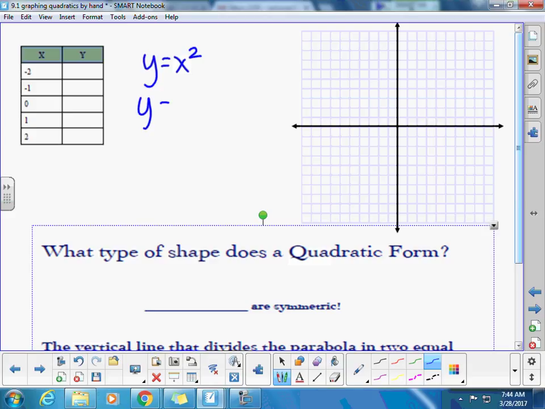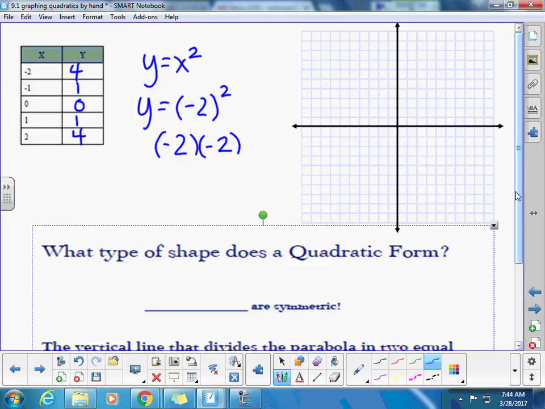So if you're going to plug it into your calculator, you have to put the -2 in parentheses, because we actually want -2 times -2, not 2 squared and then making it negative. So -2 times -2 is 4. -1 times -1, hopefully you're saying is 1. 0 times 0, 1 times 1, and 2 times 2. So there are the numbers.